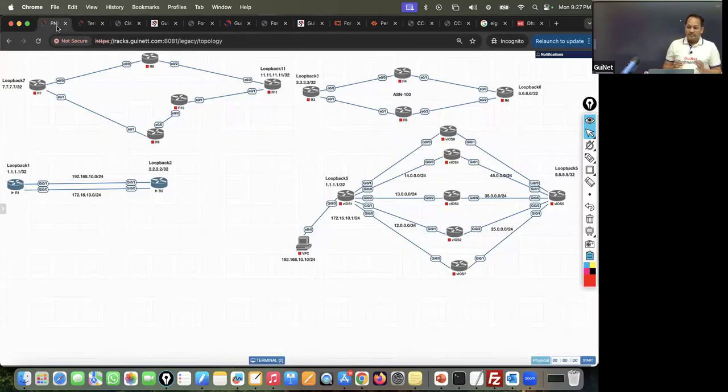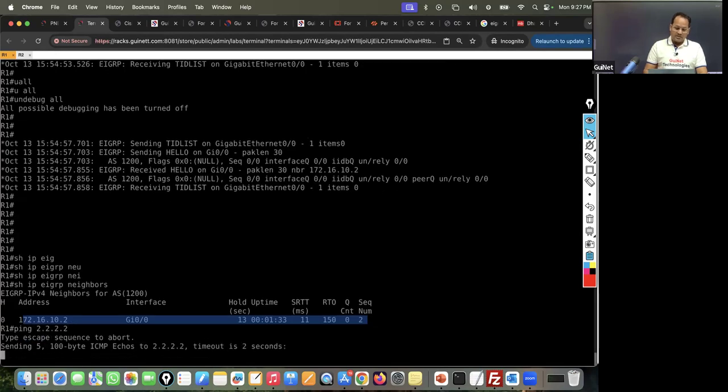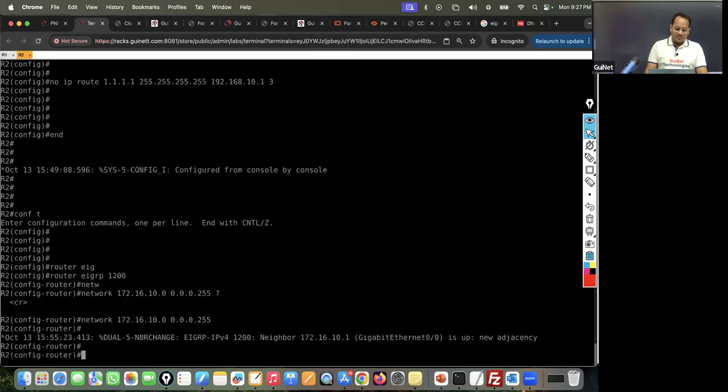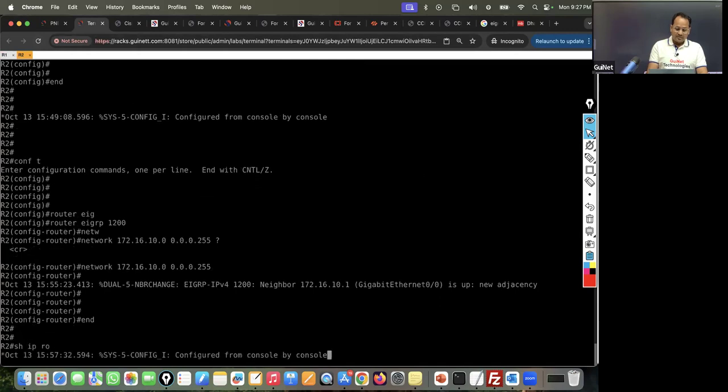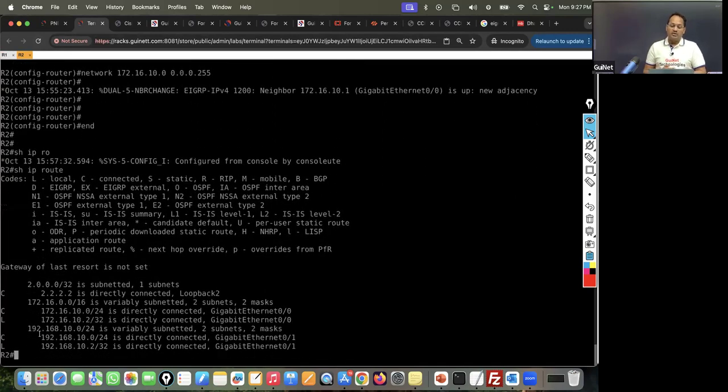Now what is the requirement? We enabled the EIGRP. That's done. After that, I want to make these two loopbacks reachable. So how are they going to be reachable? I need to advertise these loopbacks also in the EIGRP table. If I ping 2.2 again here, it is not going to ping, because it is not in the routing table. Even if I go to R2 and do show IP route, the 1.1 route is not showing here.